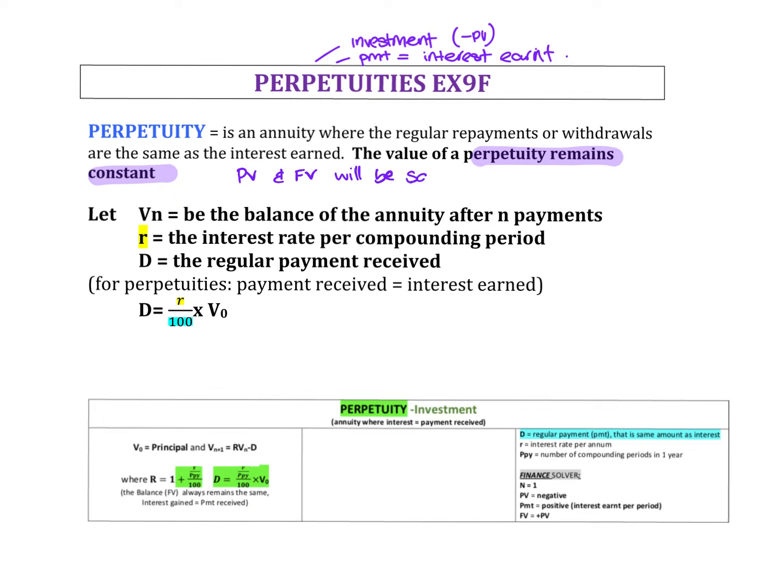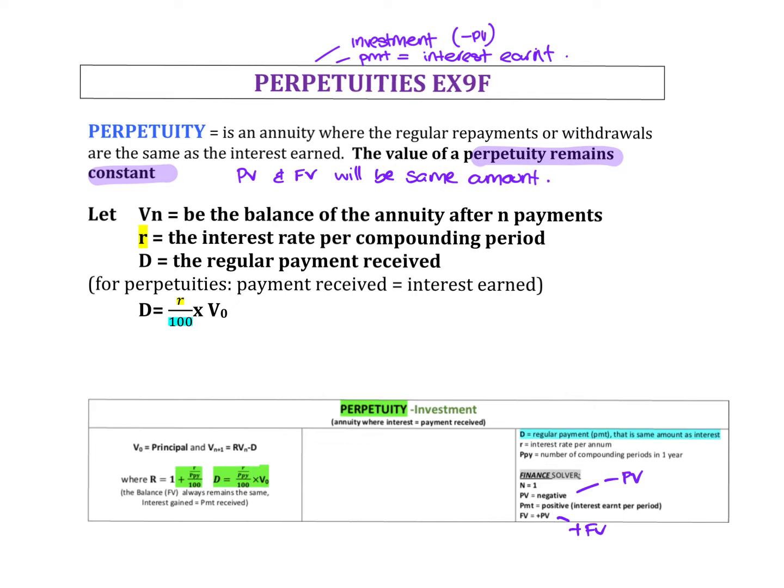The only difference is that PV is negative, as you'll see in our notes. So PV will be negative and FV will be positive, but they'll be the same number, because that means you're investing. The payments will be a positive number, because that's what you're getting out, it comes to you.